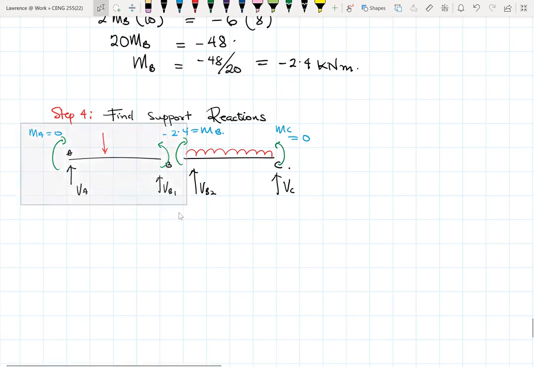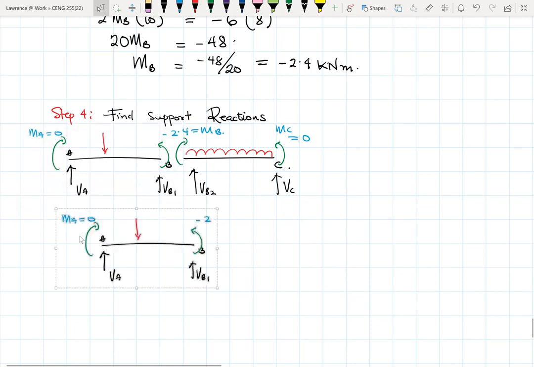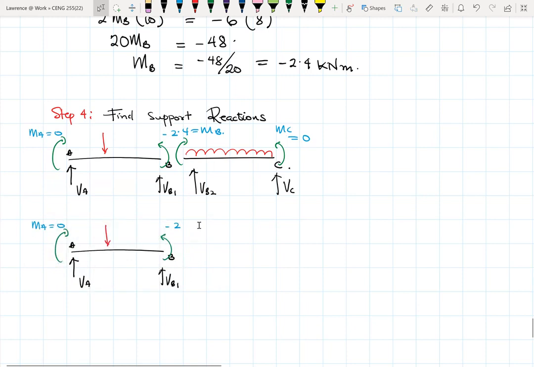So if I take the span like this, does it work? Yeah, it works. So I bring it down below. So I have all of this. So this is minus 2.4. So these are MB, and then we have a load of 3 kilonewtons at the top here.